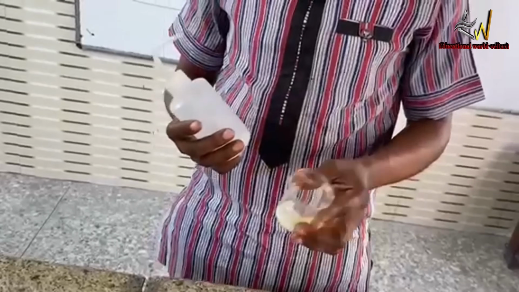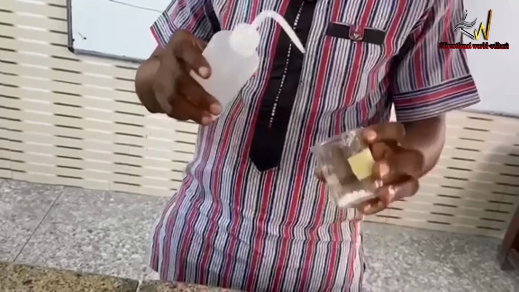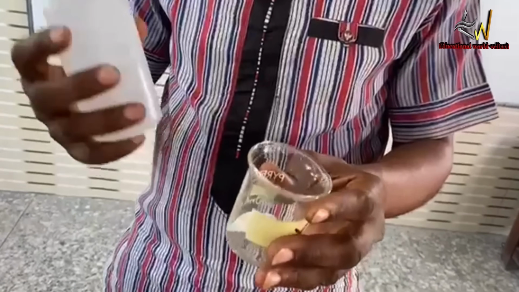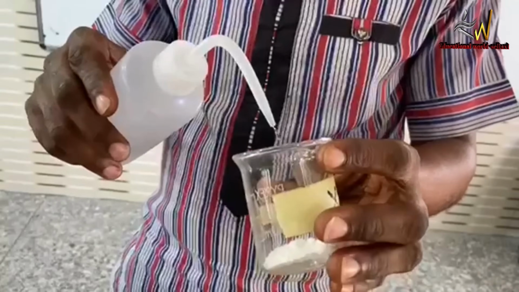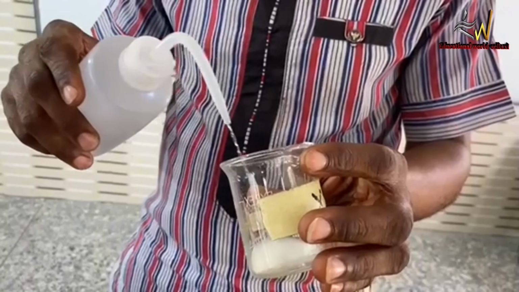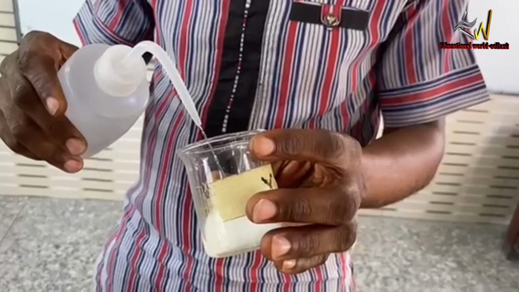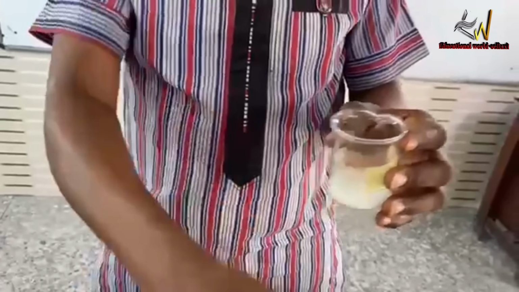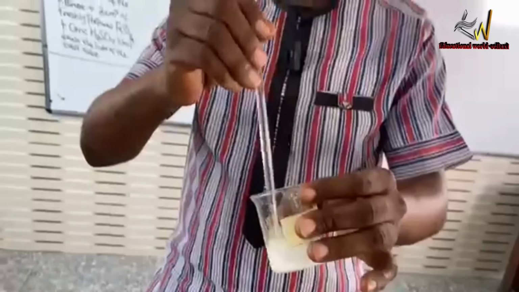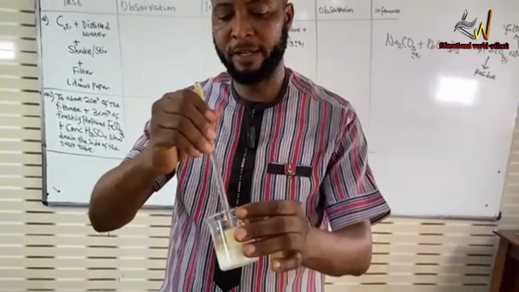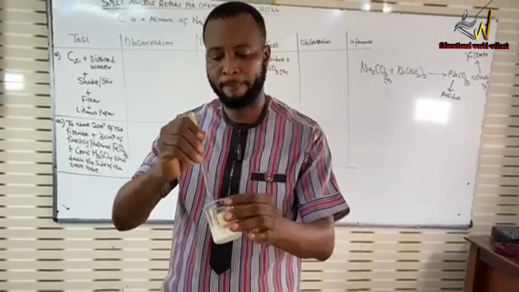You use the measuring cylinder, but I will assume either 10 cm³ or 5 cm³. You shake or you stir. So I'm stirring. Why you're stirring is to ensure reaction.